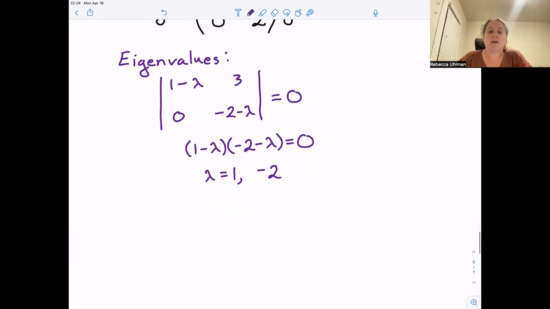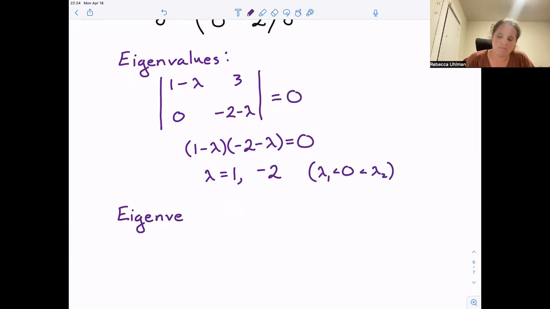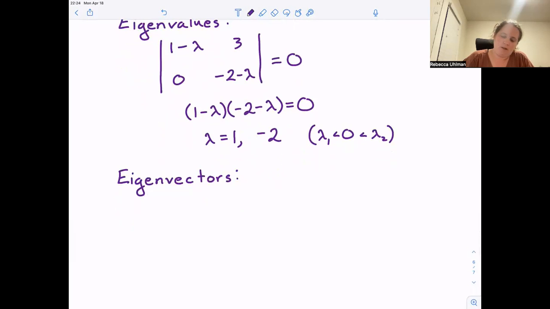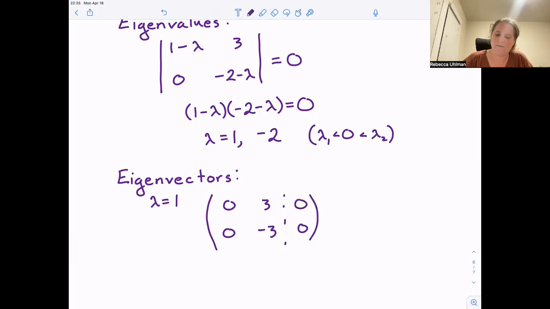So this is the case where we have opposite signed eigenvalues. So this is the lambda 1 less than 0 less than lambda 2 case. For our eigenvectors, for lambda equaling 1, we are looking at the augmented matrix 0, 3, 0, -3 with augmentation 0, 0.